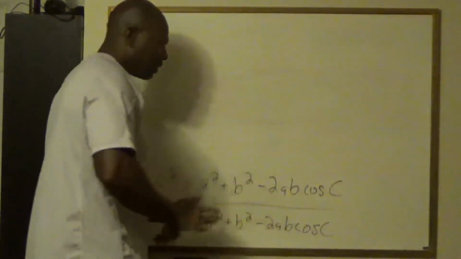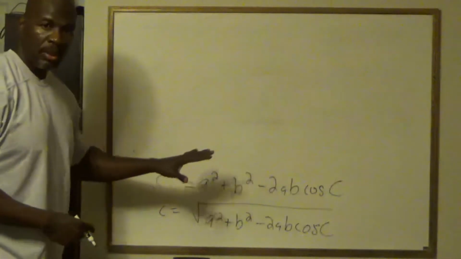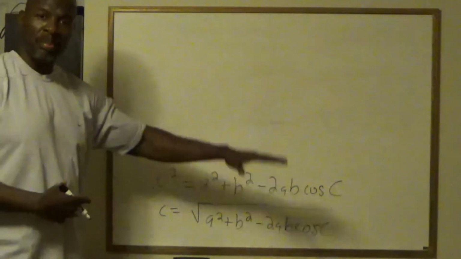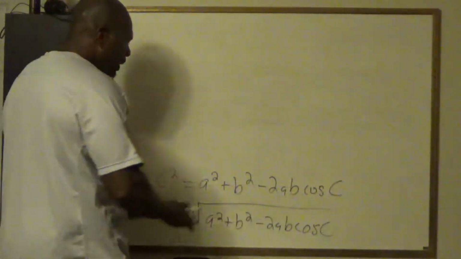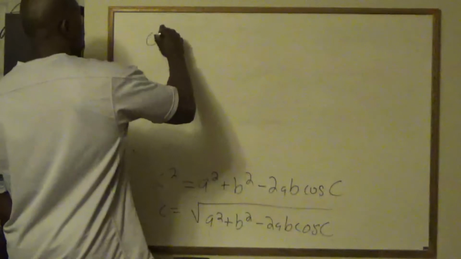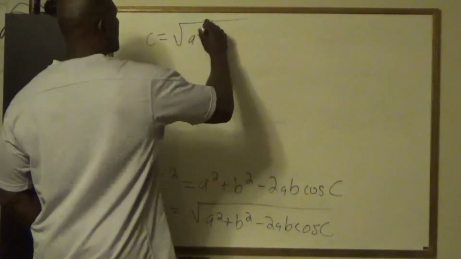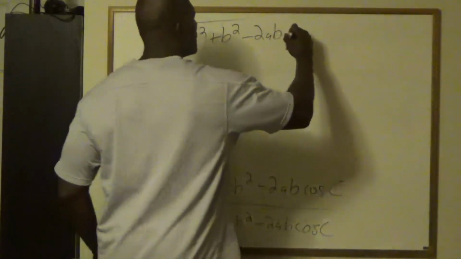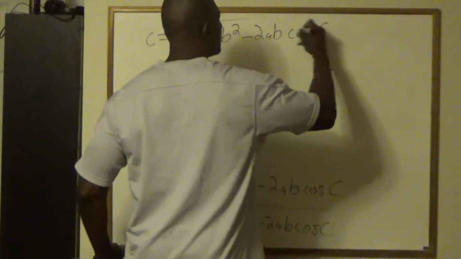And we can follow a similar procedure with that triangle to find sides a and b. But to save time, you'll watch what happens. So c is the square root of a squared plus b squared minus 2ab times the cosine of c.